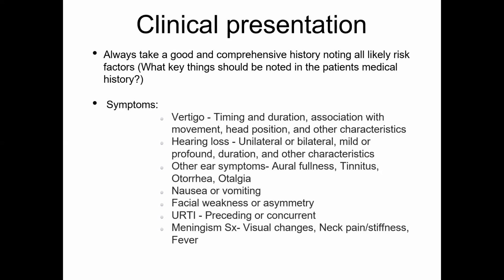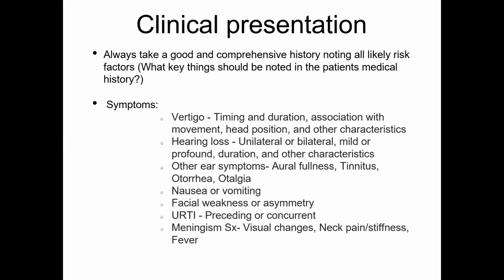So for vertigo, you have to ask about a spinning sensation. When does it come? Which associated factors, like movement, head position, or other characteristics? Is it associated with nausea and vomiting? Is it associated with seeing things jumping up and down? That is oscillopsia.